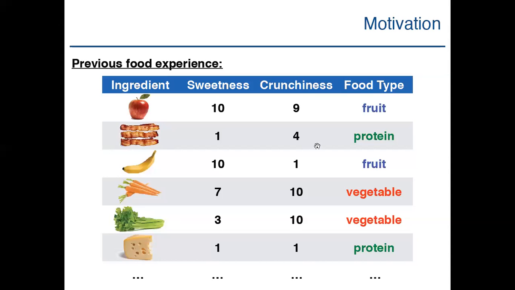You want to predict what type of fruit it is. Okay, that's what you want to do. This, and your future food experience is about these different things. Now, based on this, you want to predict what you're eating, whether that is a fruit, whether it is a vegetable, or it's a protein. Does that make sense? Any problems here?